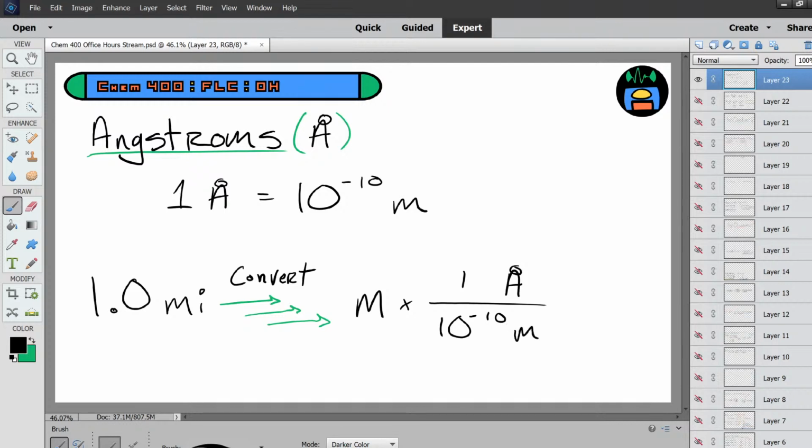So hopefully that's enough to get you started on this unit conversion problem. Again, I can't give a specific answer because the assignment is still live.